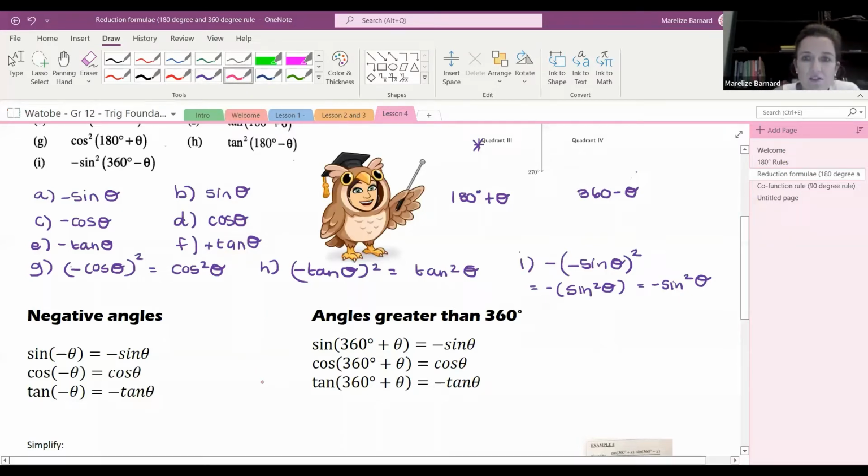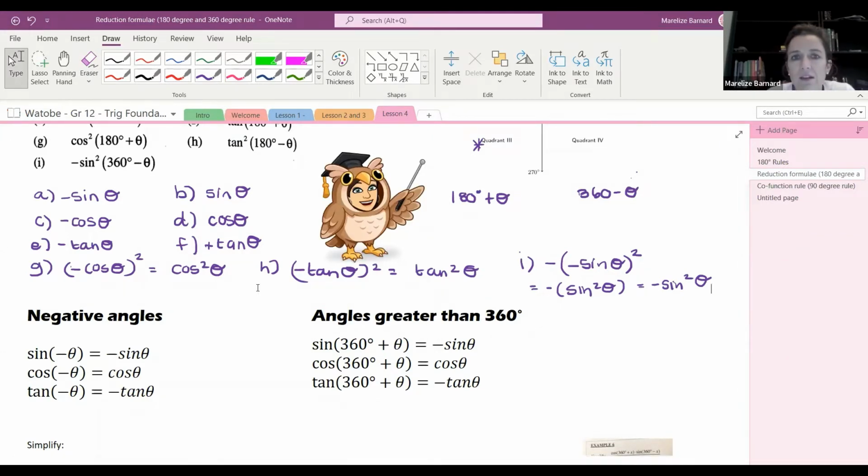Negative angles just mean that you are rotating in the opposite direction. You are rotating clockwise through the Cartesian plane. So if you are looking at a negative angle, you're actually looking at the fourth quadrant.